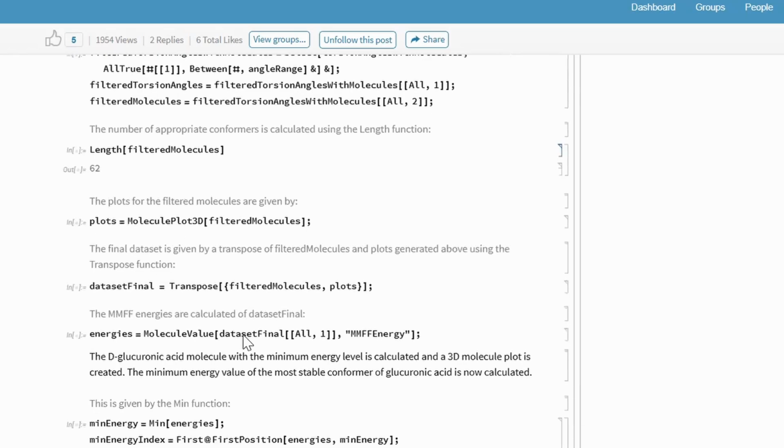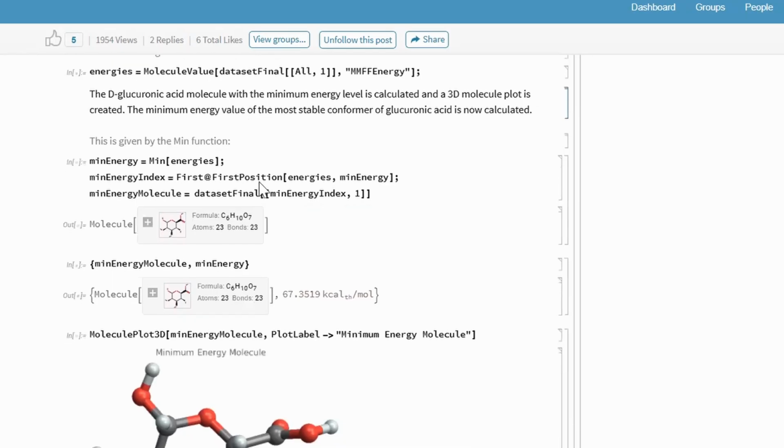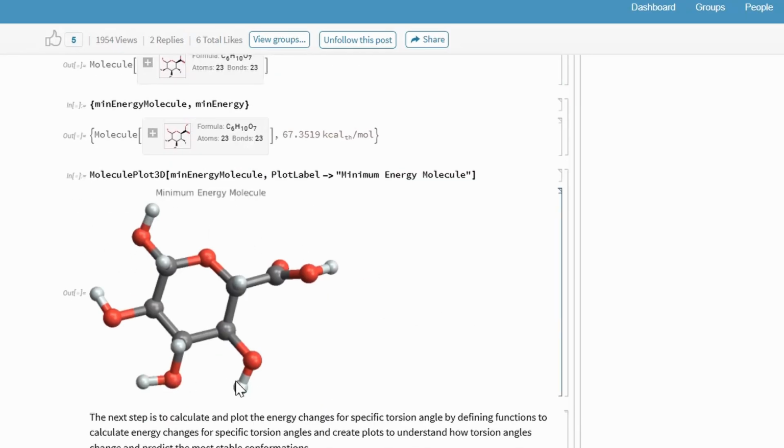Then we plot, and we derive the minimum energy molecule from the conformers that are geometrically right. And this was the one that was found. So this was the minimum energy molecule of glucuronic acid.